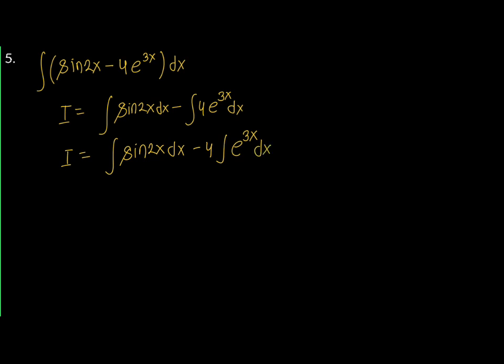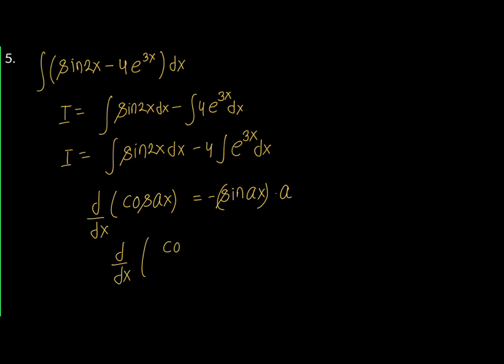We can write differentiation, that is d by dx of cos ax, equal to minus sin ax into a. Now I can also write d by dx of cos ax upon minus a, which is equal to sin ax.